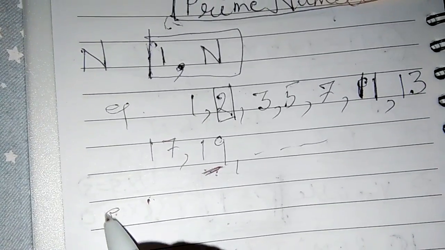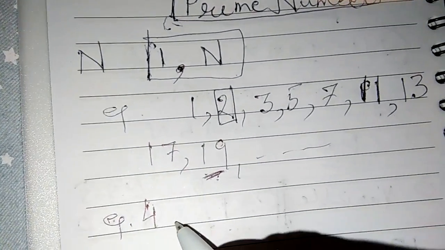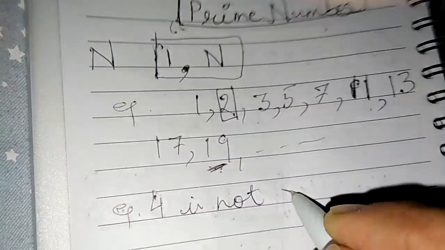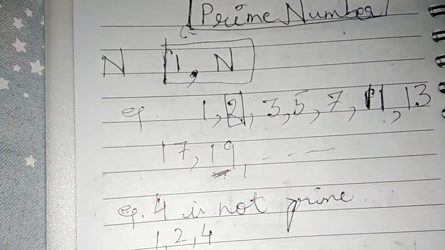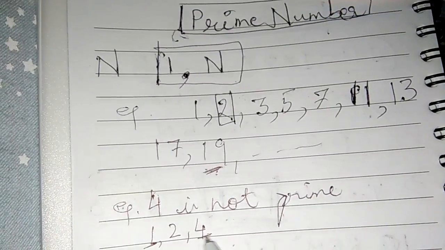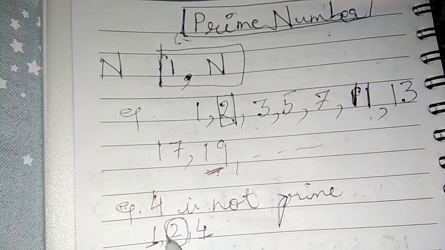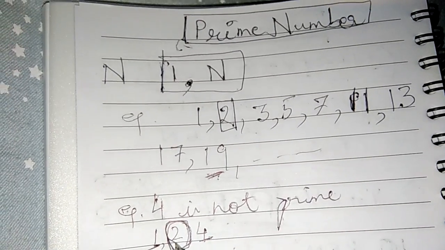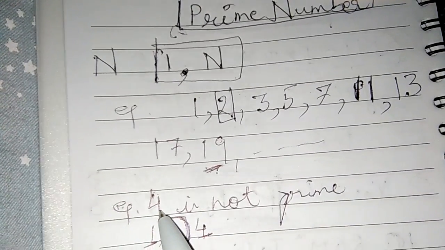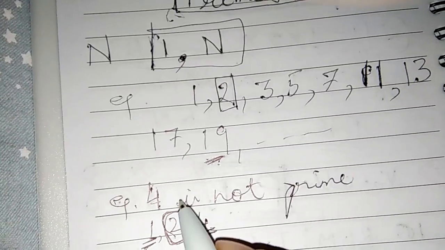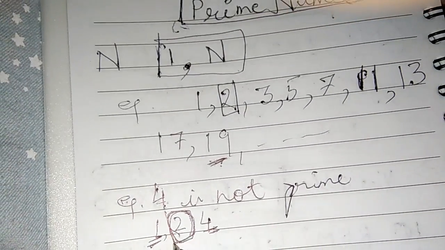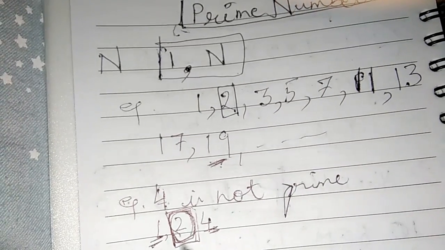For example, 4 is not prime because it has factors 1, 2, and 4. So other than 1 and the number itself, it has another factor, 2. That is, 4 is divisible by 1, 4 is divisible by 4, and 4 is divisible by 2 also.